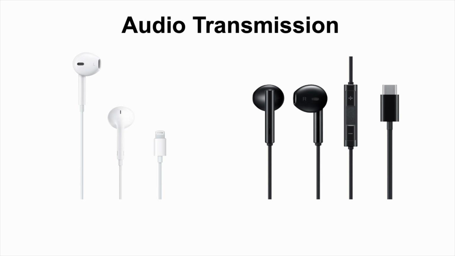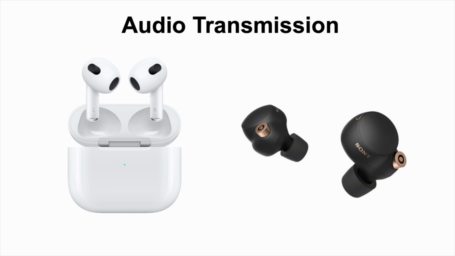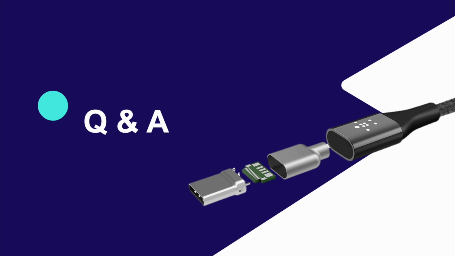Subsequently, Android phones also canceled the 3.5mm jack and replaced it with earphones with USB-C connector. But now, all kinds of Bluetooth earphones have replaced earphones with USB-C connector and become the most popular ones in our daily life. The above are the main features of USB-C.